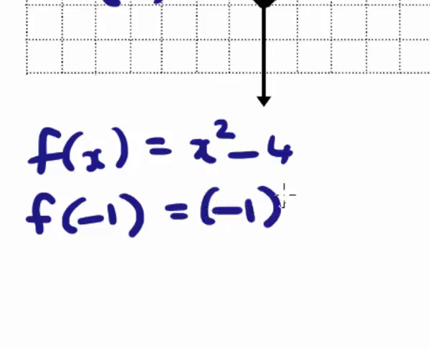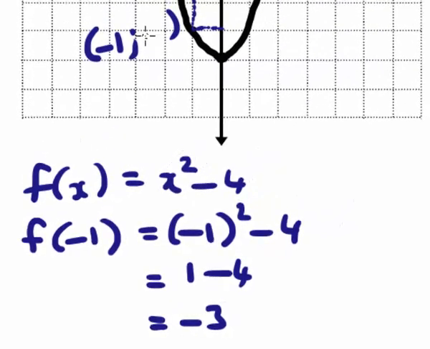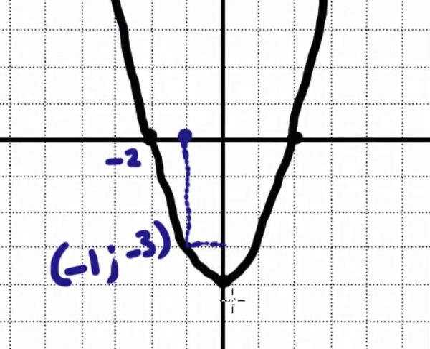Well, that's (−1)² − 4, which is 1 − 4, which is negative 3. So your y value corresponding to that x value is going to be at negative 3. Remember, this is negative 4. That's the y-intercept of the parabola. So we've got a point A here, and that's (−1, −3), and that's a point on the parabola.